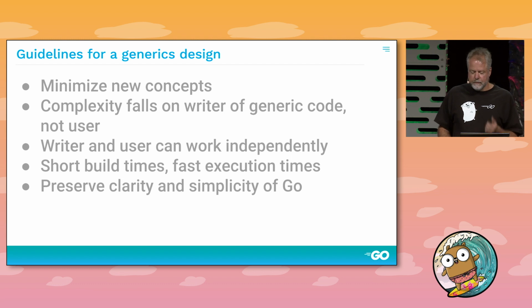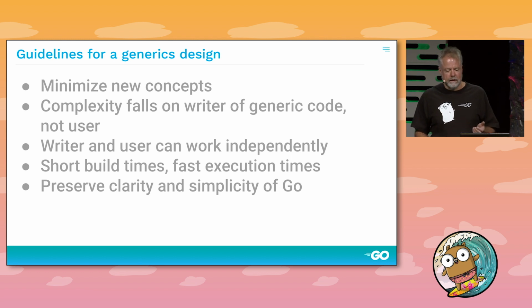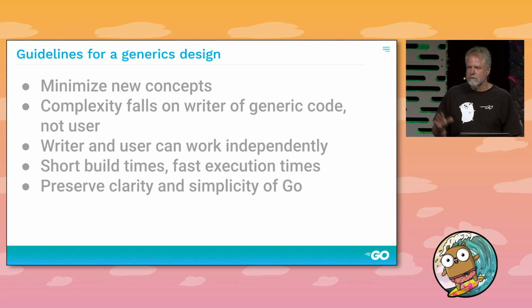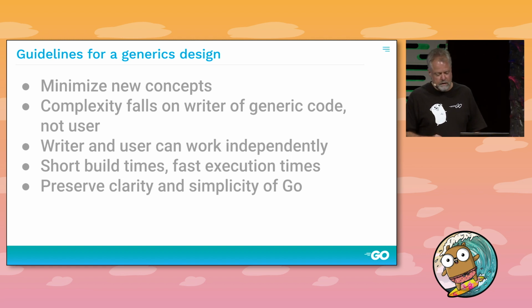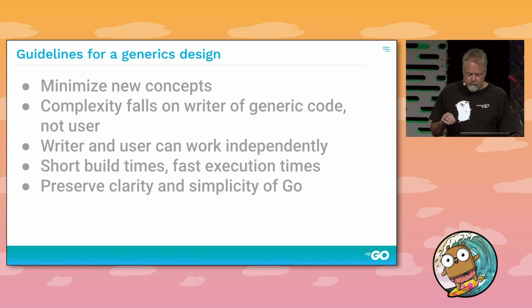Most importantly, Go today is a simple language. Go programs are usually clear and easy to understand. A major part of our long process of exploring this space, and we've been exploring this space for more than 10 years, has been trying to understand how to add generics while preserving that clarity and simplicity.